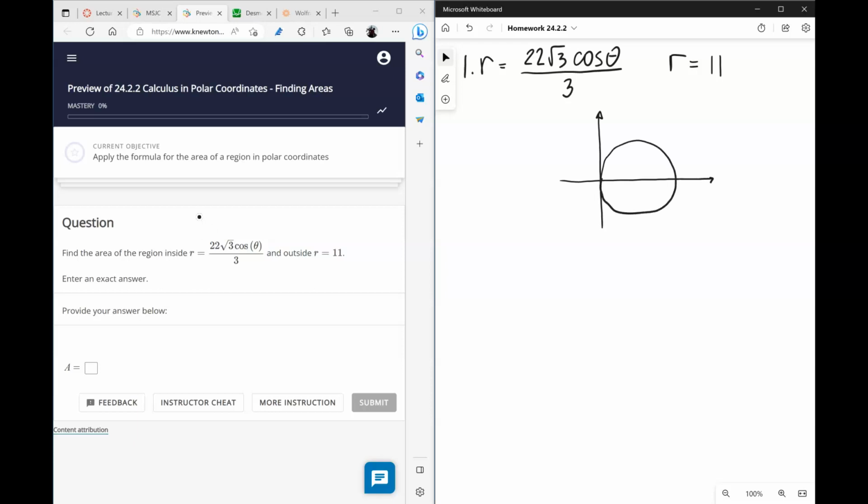And the other one is the circle with the center at the origin, so it looks like this. Now we're looking for the area inside of this circle, but outside of the r equals 11 circle. So we're talking about this region right over here.